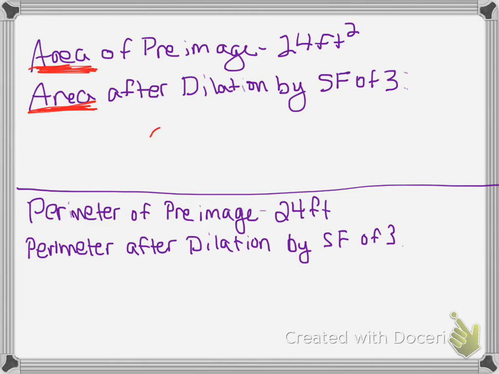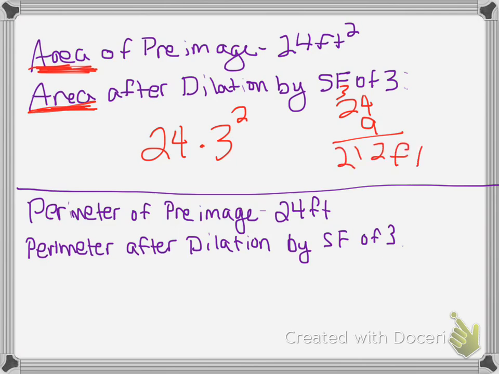So you have to multiply 24 times 3 squared, which is 24 times 9. That gives us 216 feet squared.